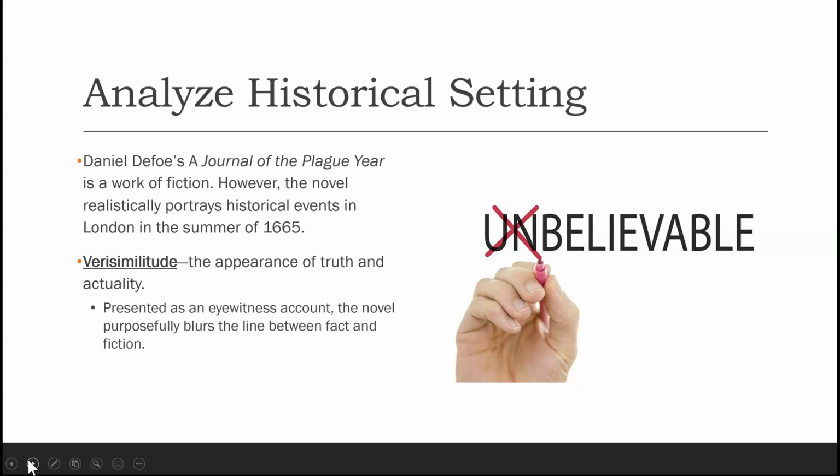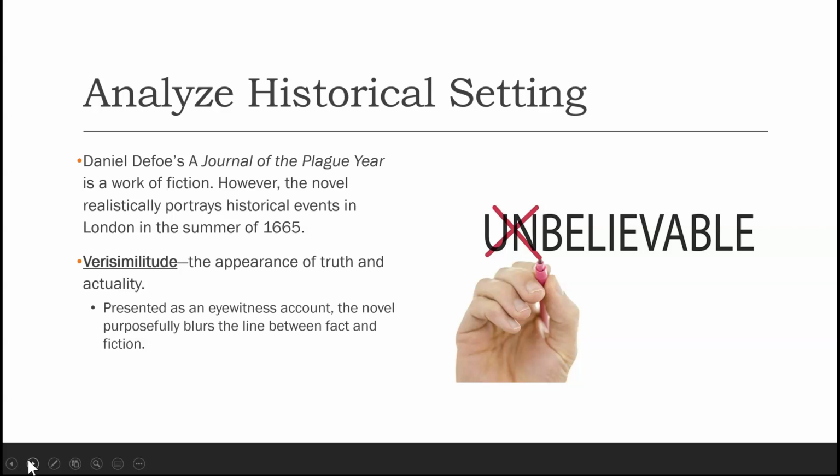One of the first things we're going to look at with these texts is analyzing the historical setting. So Daniel Defoe's A Journal of the Plague Year is a work of fiction. However, the novel realistically portrays historical events in London in the summer of 1665. The text is written from the perspective of a narrator who claims to have lived through these events.